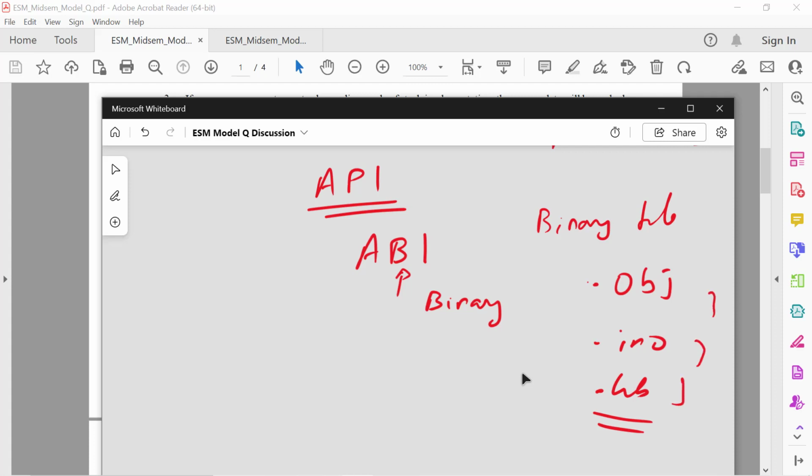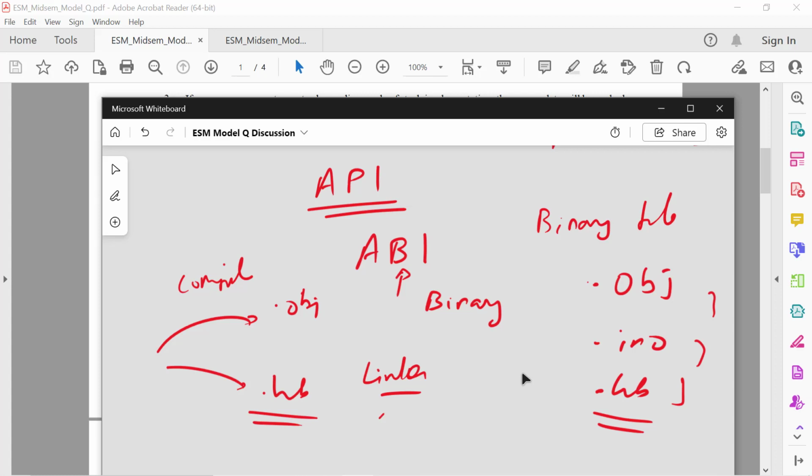Now these binary files are actually generated by tools, right? The compiler generates an OBJ file, and it can also generate a library file if you are interested in generating a library. Now who will be using it? A tool like the linker, which wants to merge one OBJ file with a library file, should know how to understand the code being called from each other.